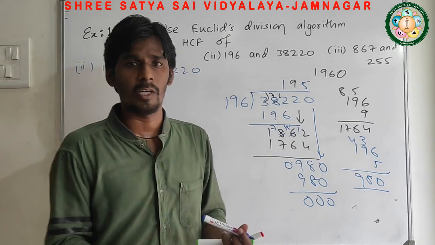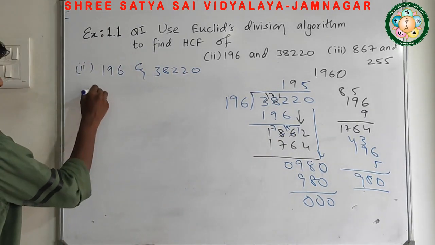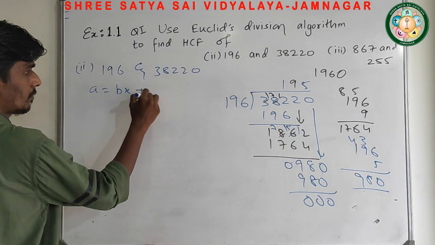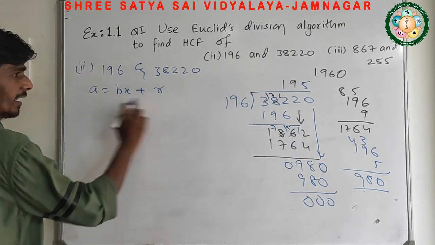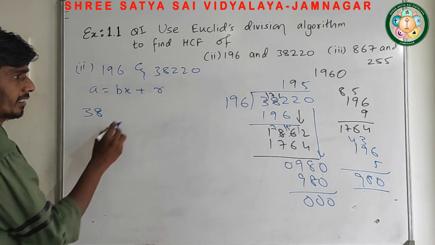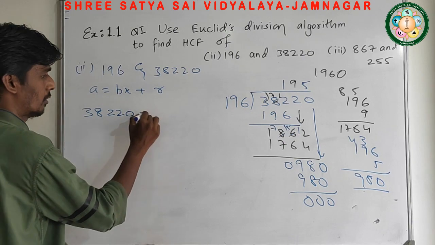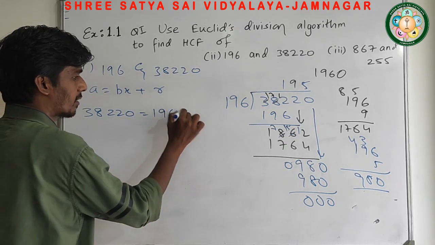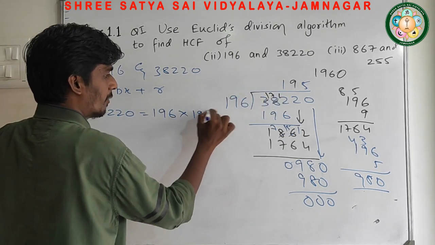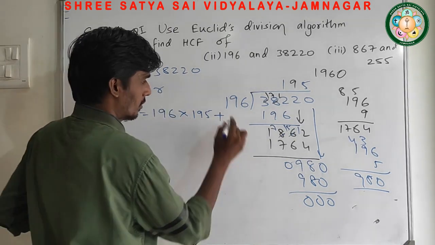So in this only one step we have to write, that is A equals BQ plus R. A is 38220 equals divisor 196 into 195 plus the remainder 0.